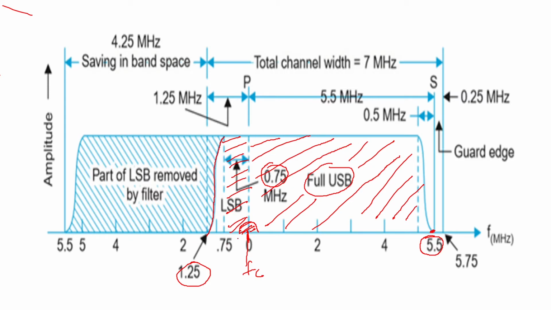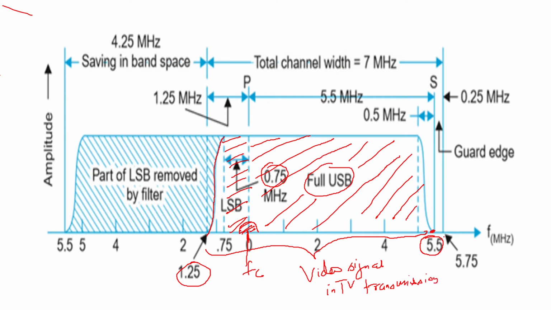That is what we are going to send. From here till here is the bandwidth for the video signal in TV transmission.